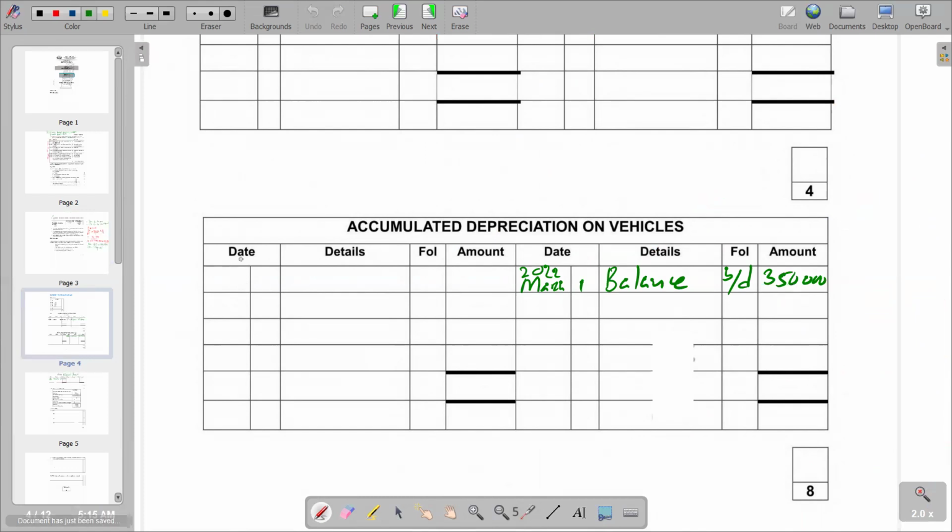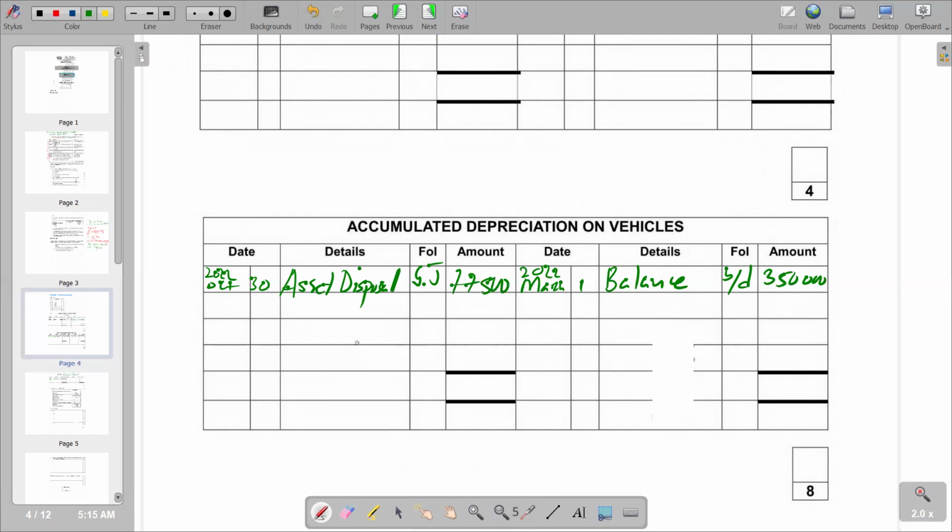And it's 2022 again on the date, October 30. And on details, we are saying asset disposal. And then obviously it's the general journal in terms of the subsidiary book. And the amount, so we got it as 77,500.